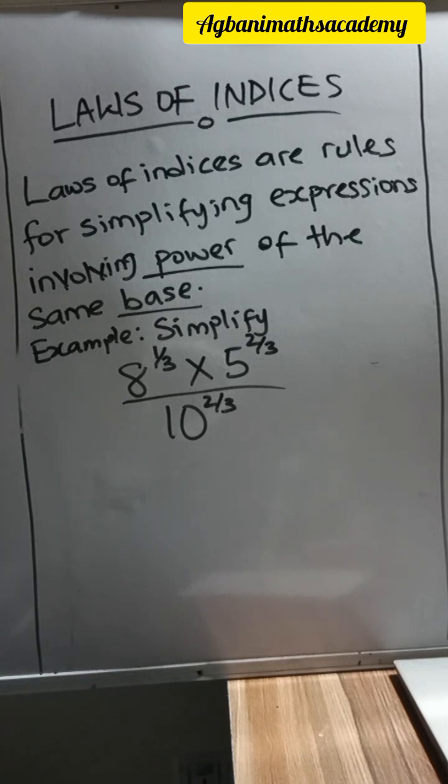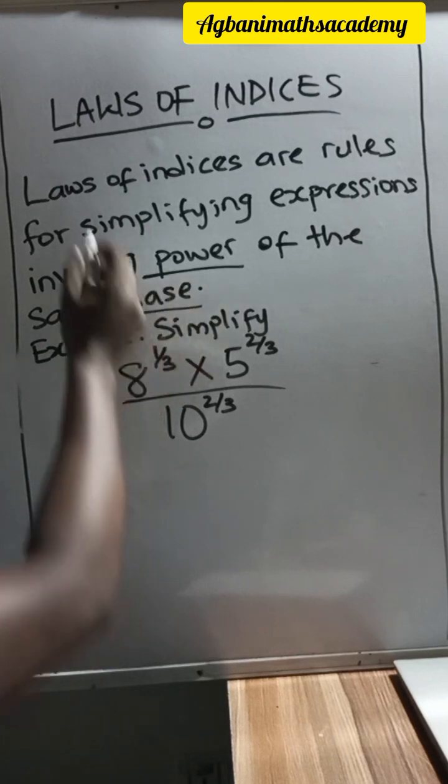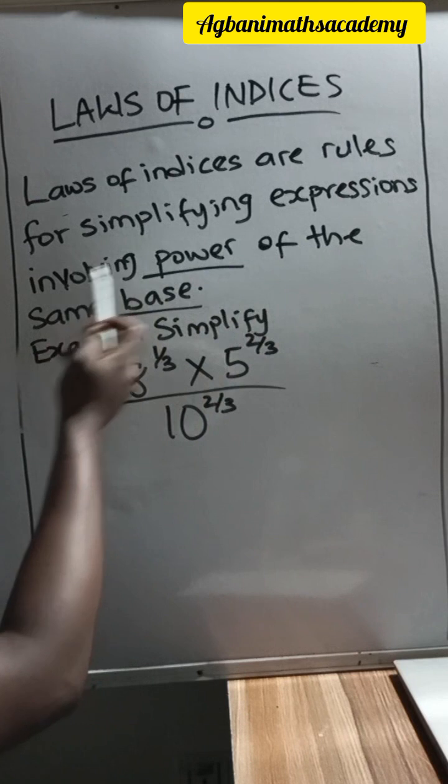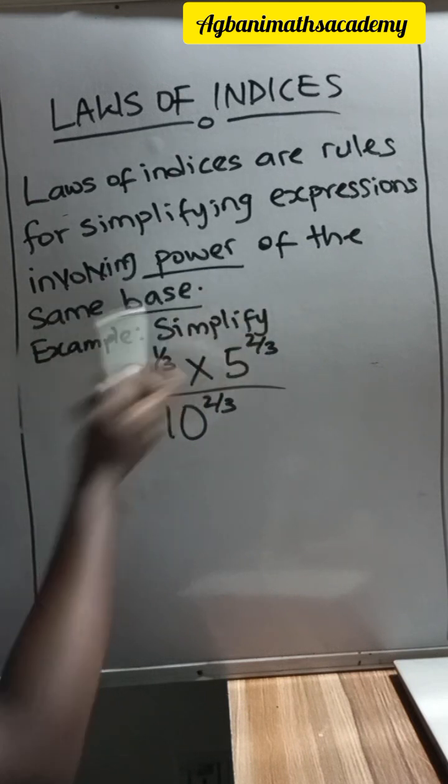So we're going to apply the laws of indices here. But before we apply it, let's look at these numbers. Laws of indices are rules for simplifying expressions involving powers of the same base.